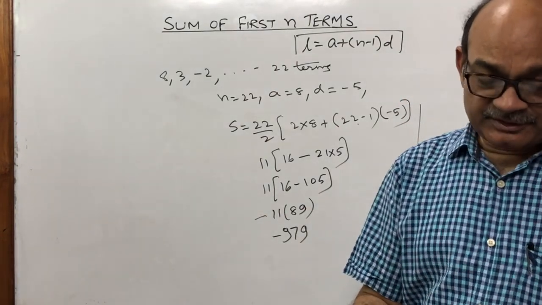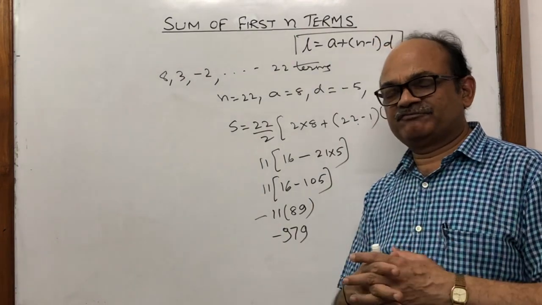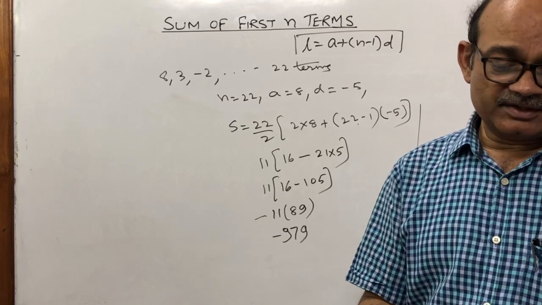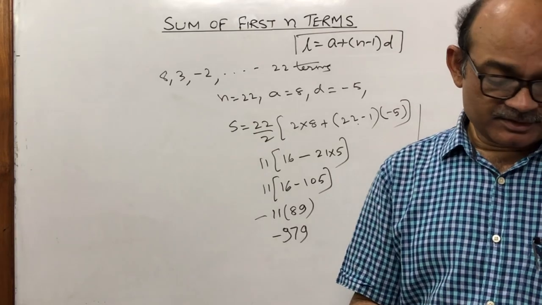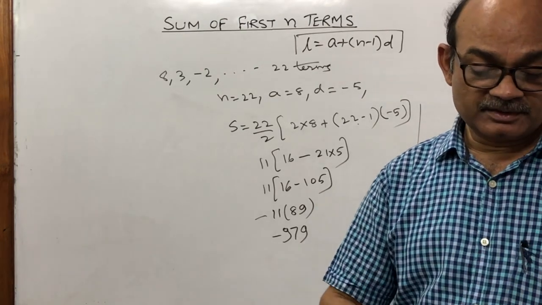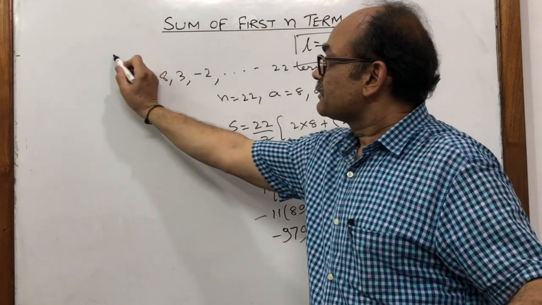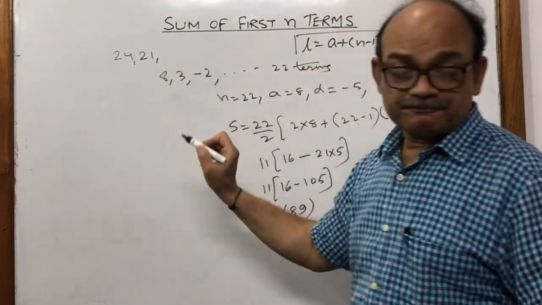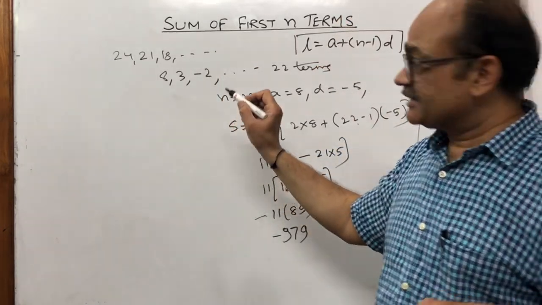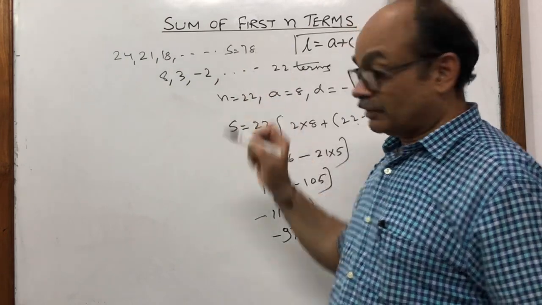So in this way you will get the solution of any type of question where we have A, N and D. One more question based on A and D. The question is given in the form 24, 21, 18, and this time S is given as 78. The question is reverse.